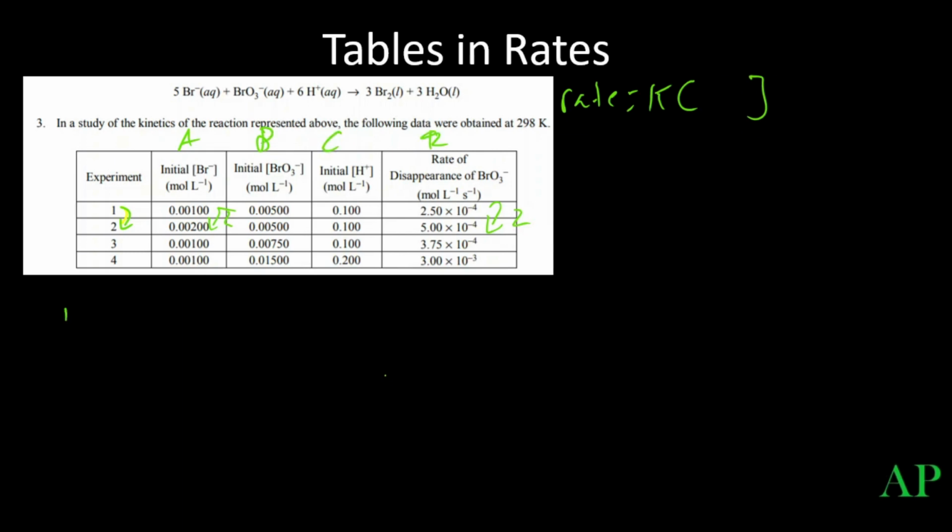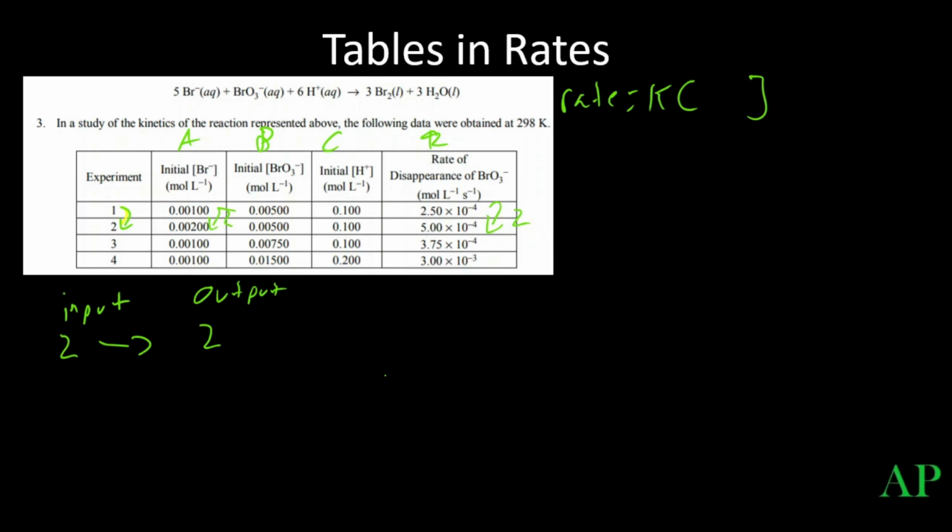If we look at my input, my concentration of A doubled. And what happened to your output? My rate of disappearance of BrO3 went from 2.5 to 5. So it also doubled. The way you have to compare these things are always in terms of factor. Did it double?